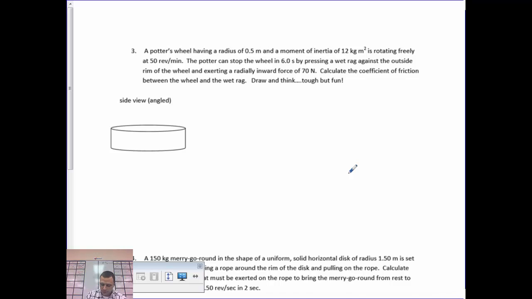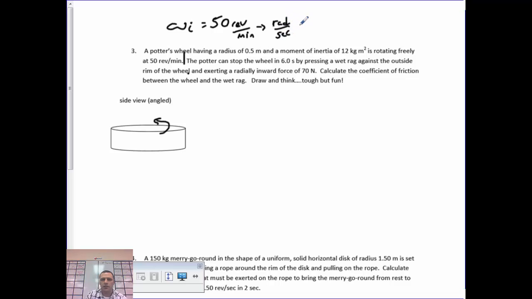Well, just to get an idea of what's going on here, this thing is spinning around like this, and it has an initial angular velocity of 50 revolutions per minute, which you need to convert to radians per second.